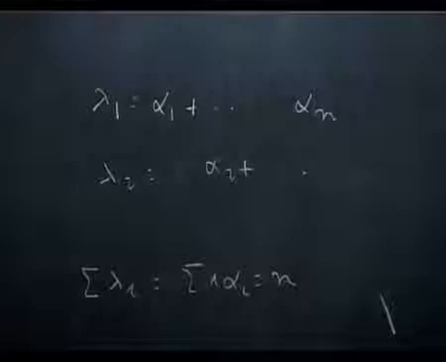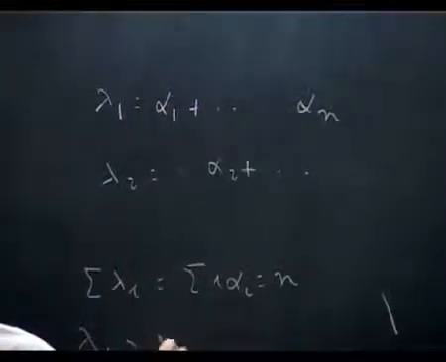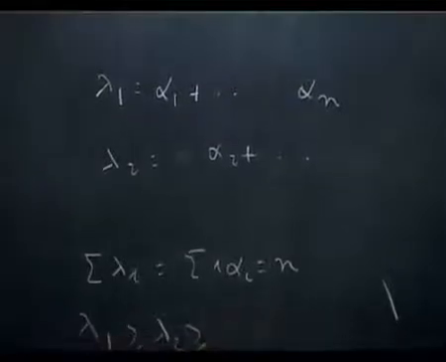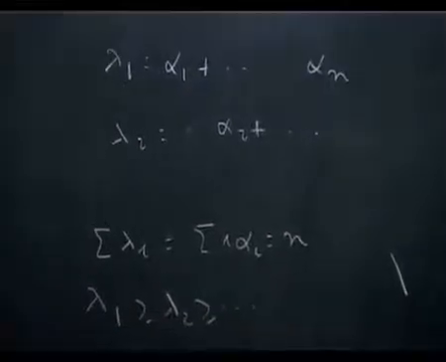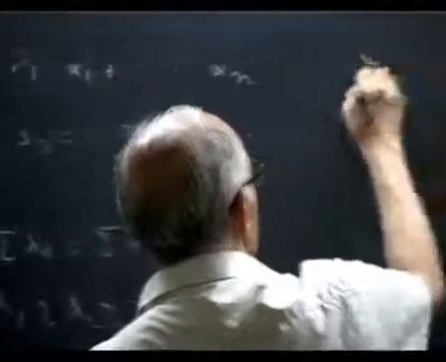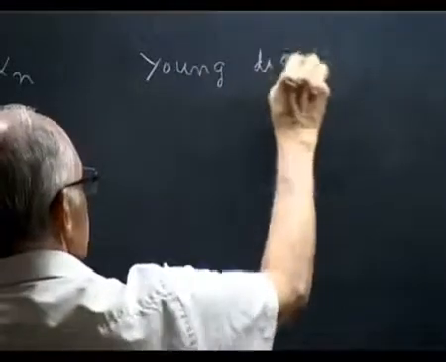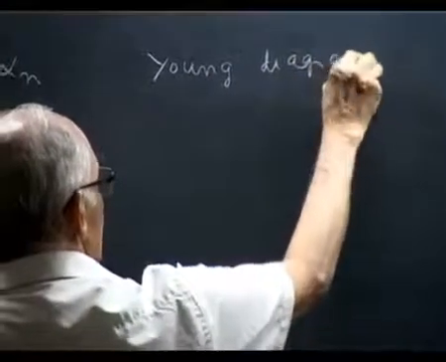And from here lambda 1 is larger than or equal to lambda 2. So with this we represented by what I call a Young diagram or frame.